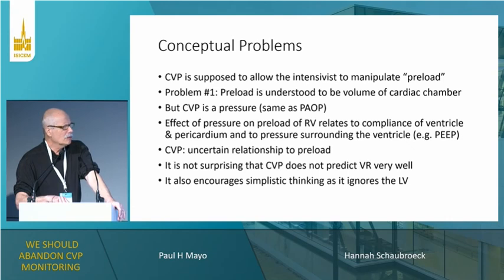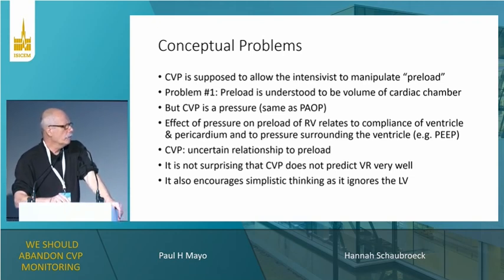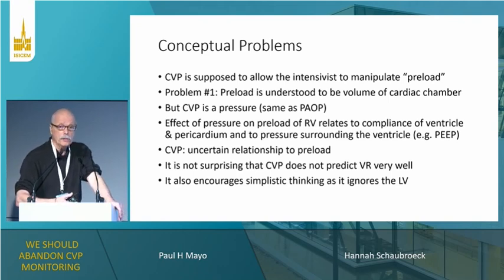And does the pressure reflect directly the volume of that ventricle? And the ventricle may have very uncertain compliance. The pericardium may contribute, and the thoracic pressure may contribute to the effect of pressure on that chamber. And therefore, I would propose that central venous pressure has uncertain relationship to preload, whereas echo has every relationship to preload, because that detects volume.